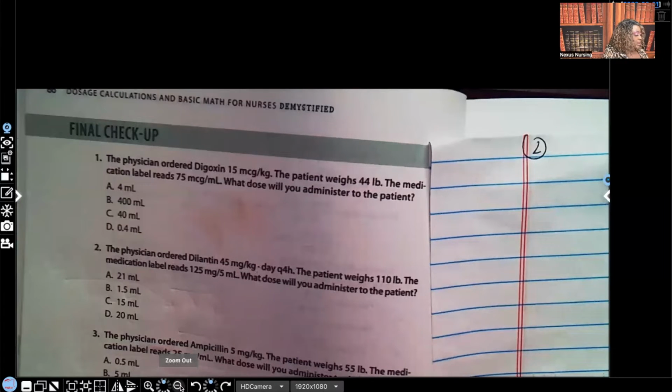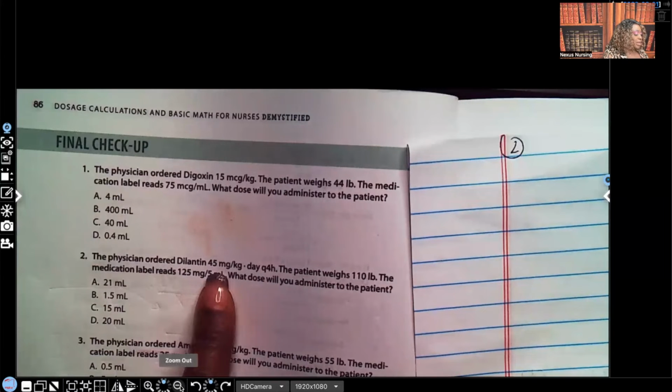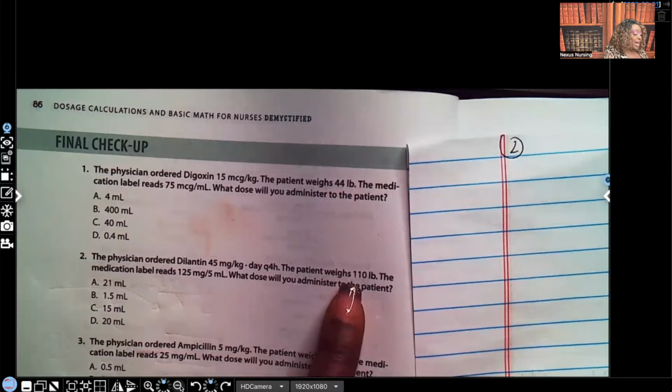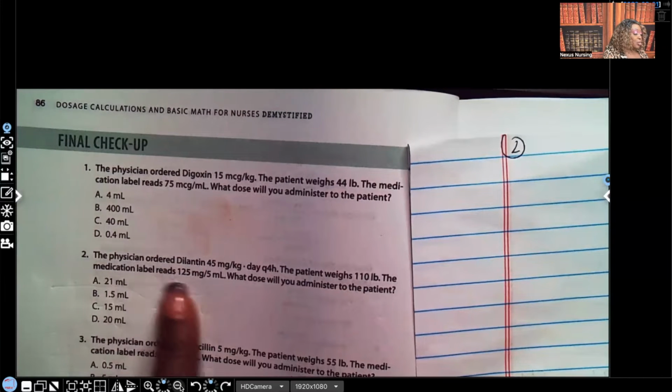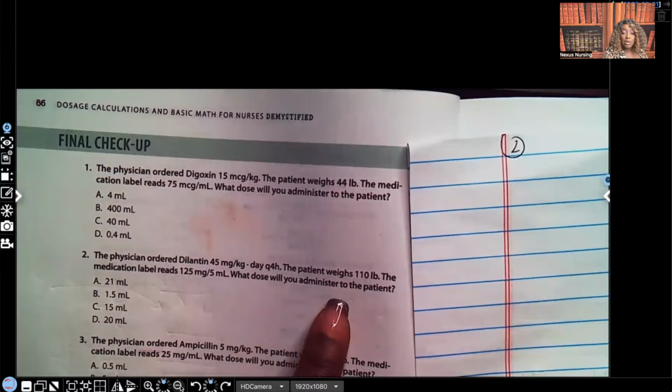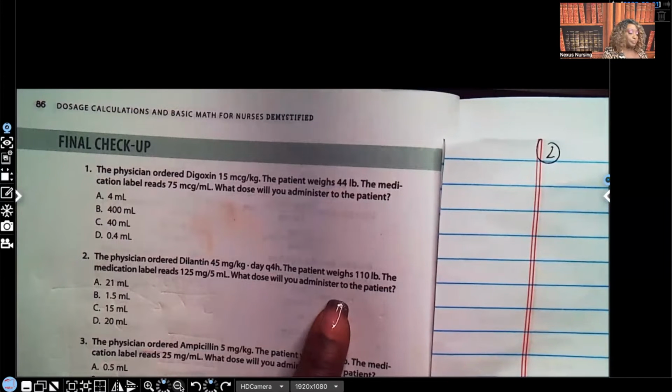It says the physician orders Dilantin 45 milligrams per kilogram per day every 4 hours. The patient weighs 110 pounds. The medication label reads 125 milligrams per 5 mL. What dose will you administer to the patient?